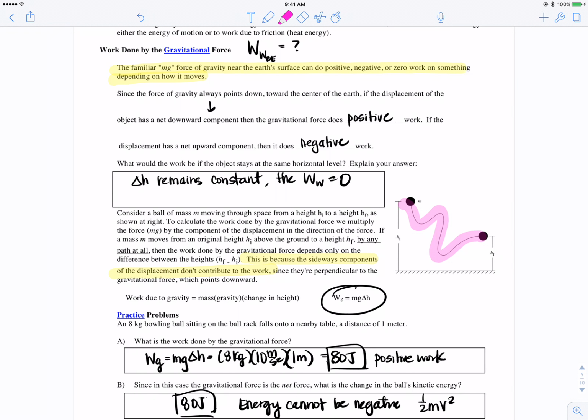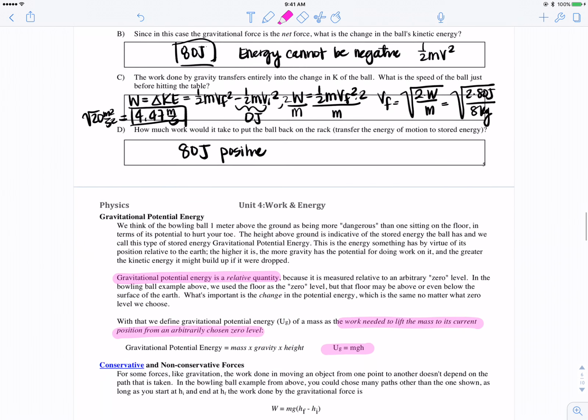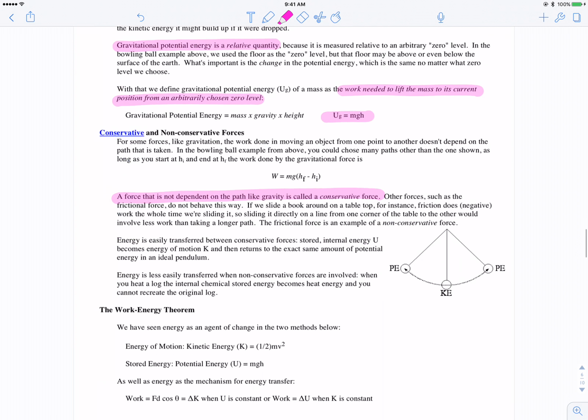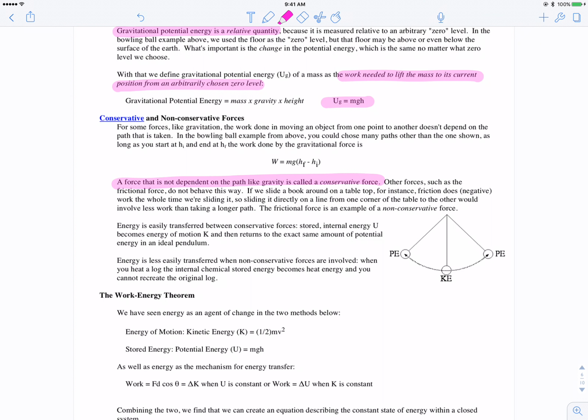It doesn't depend on the complete path of the object, not in the way that friction would. Because of that, we call friction or air resistance a non-conservative force, meaning it's going to do work the entire distance that the object moves, not just the component of distance that's in the direction of motion.